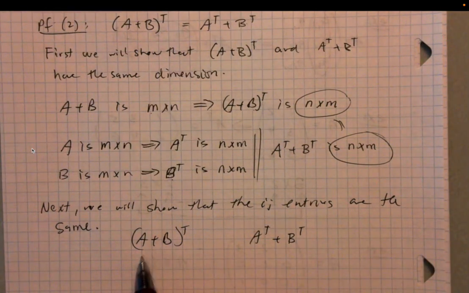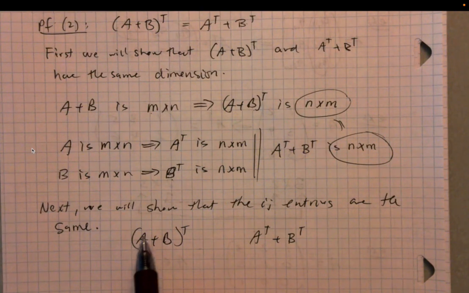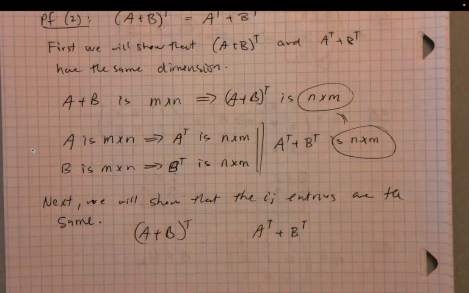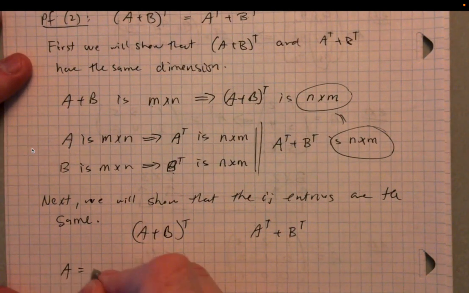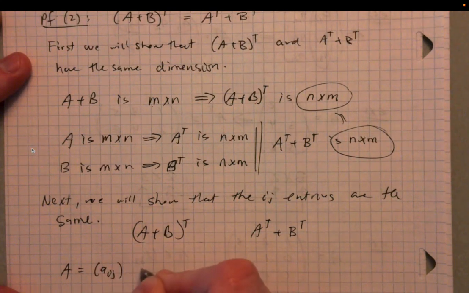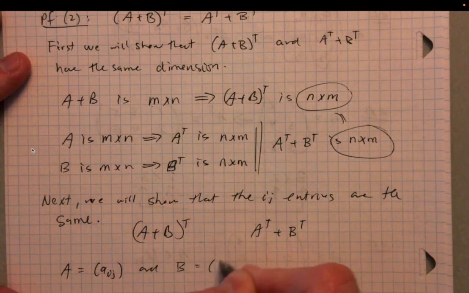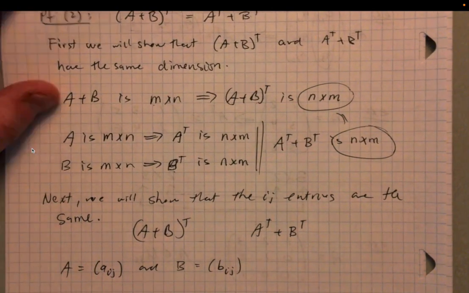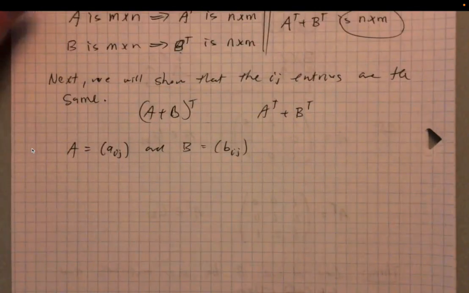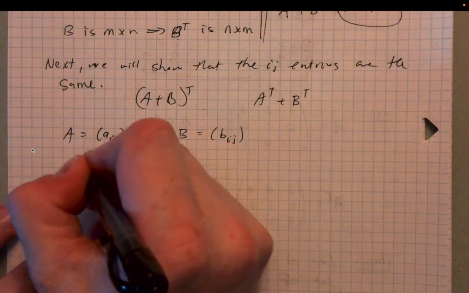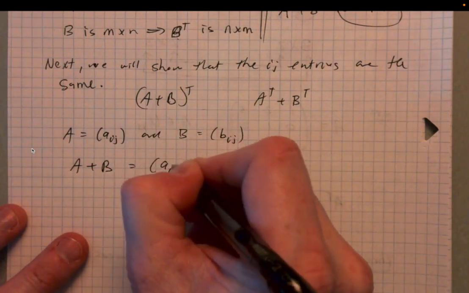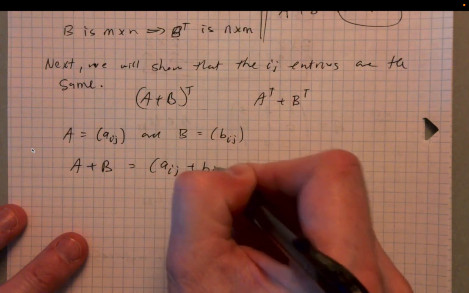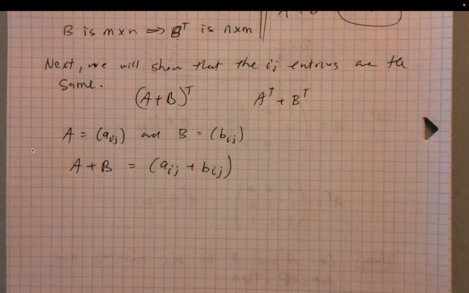Over here you're going to have (a_ij plus b_ij) transpose, and we need to show that that's the same as this one. Let's start by letting A equal a_ij, and B equal b_ij, so we can reason about the ij entry. That means A plus B is equal to a_ij plus b_ij. That's what happens to the ij entry.